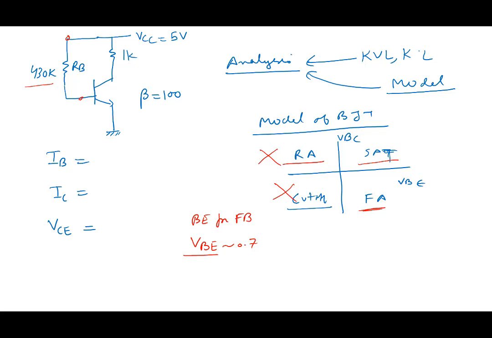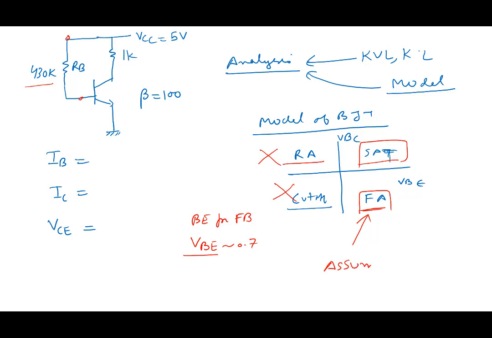Is base collector junction forward bias? Usually it's not obvious. It could be forward bias, it may not be forward bias, okay? So deciding between forward active and saturation is not straightforward. So the way to do that is, you assume forward active.